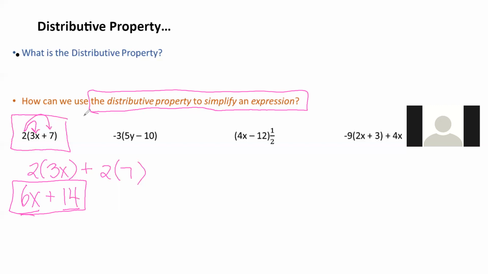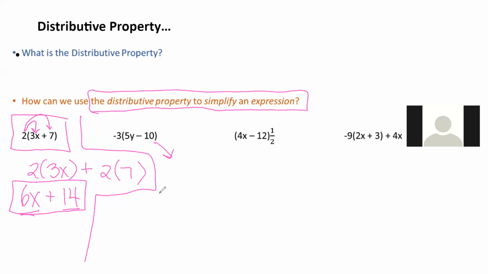Let's do this next one. So this next one, first thing I see is that it says 5y minus 10. What do you guys think I should change that to instead of minus 10 in there? What can every single negative be rewritten as?